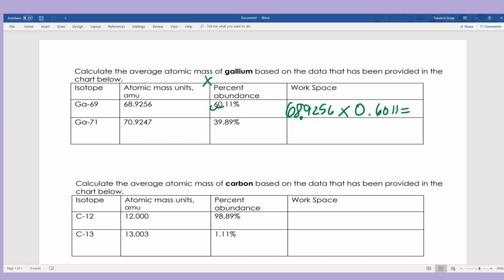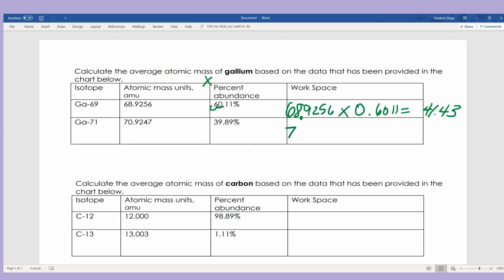Now, once you multiply those 2, you're going to have to put your number in 4 significant digits. So let's go ahead and calculate this out. 68.9256 times 0.6011 gives me 41.43. Now, the next one, you're going to do the same thing.